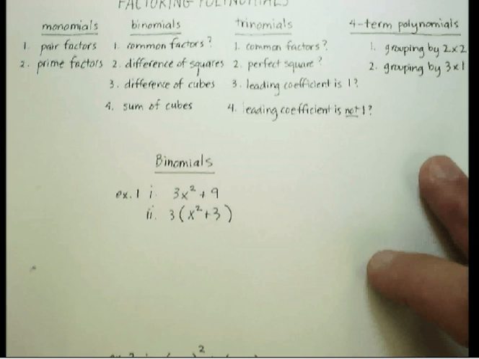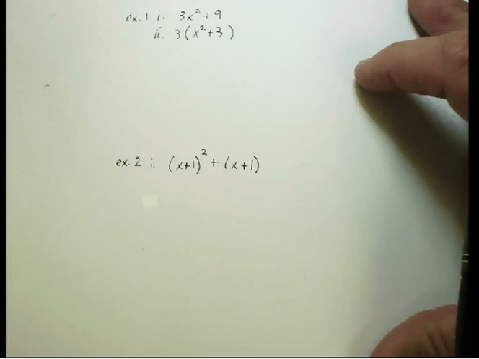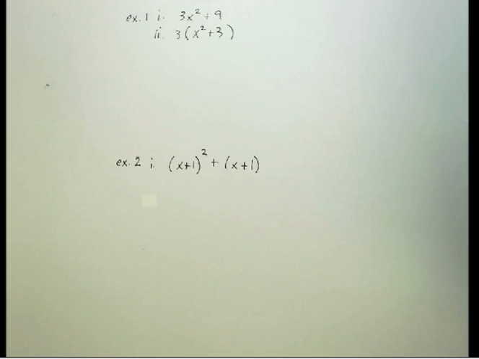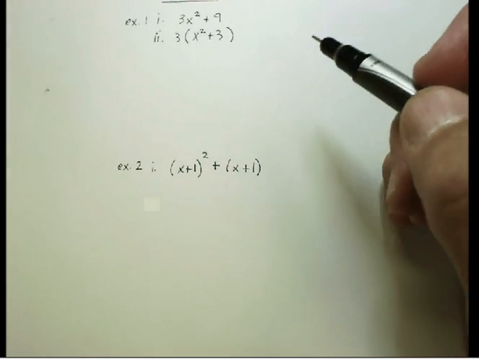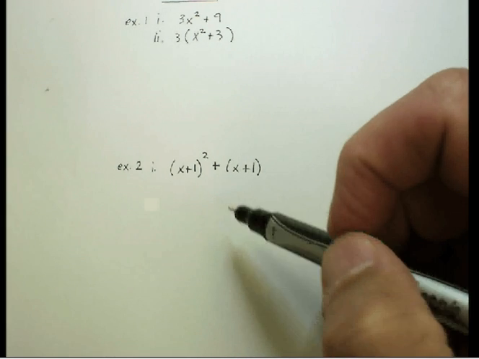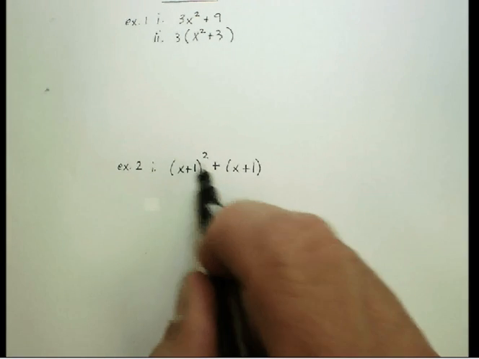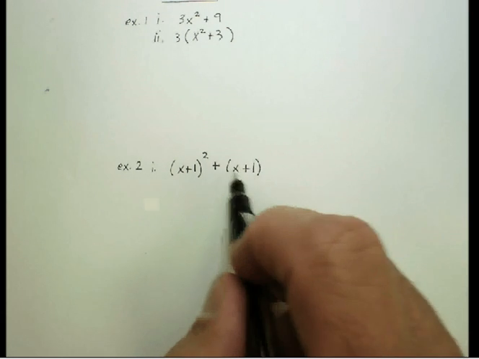Let me show you another example where it doesn't appear quite as obvious. Now, probably the first thing to recognize is that this is a binomial, at least the way that I have grouped it here. I've got a term here separated by an addition from this term.